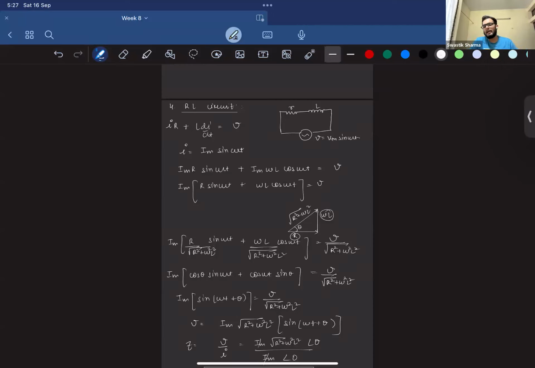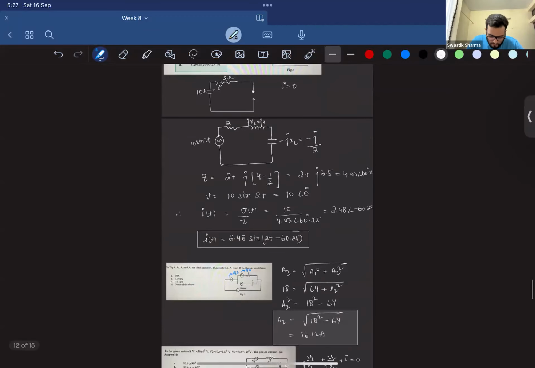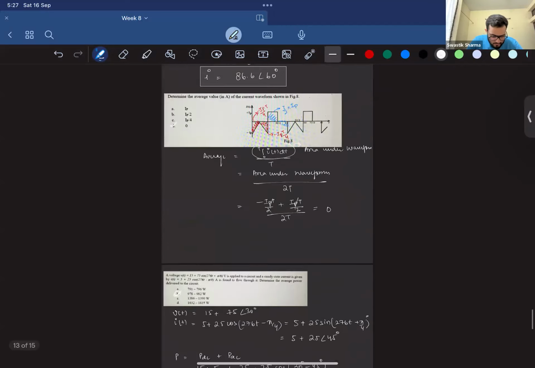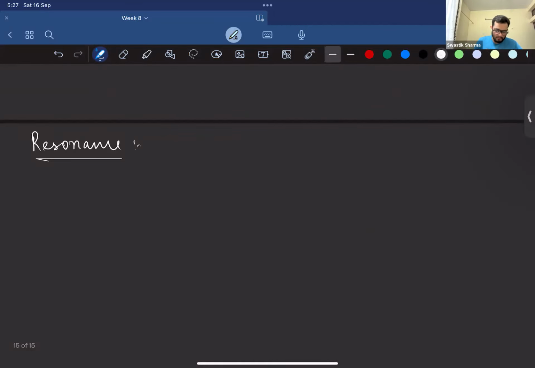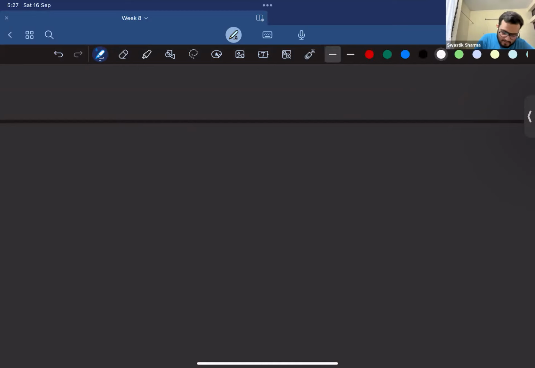Since I discussed RL and RC circuits, let's quickly discuss RLC circuits as well. I was thinking of keeping it for the next class, but let's discuss the RLC circuit in series.